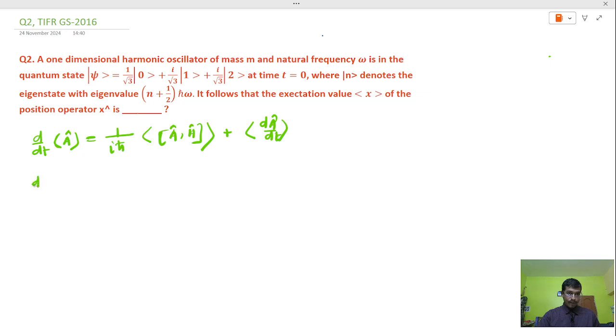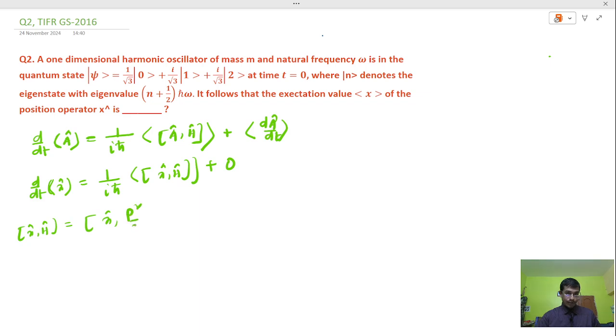And for the position operator, d by dt of x is 1 by i H cross expectation of the commutator x, H, plus its explicit time derivative, which should be 0. So we should find the commutator of x and H, where the Hamiltonian is p square by 2m plus half k x square.